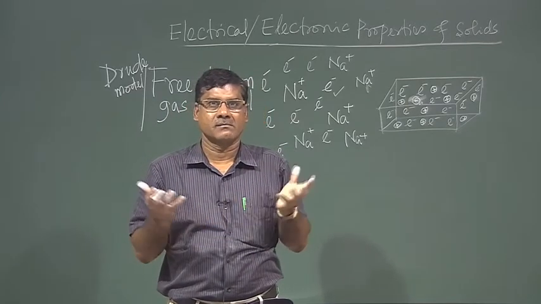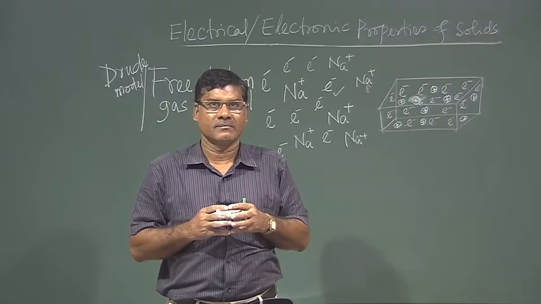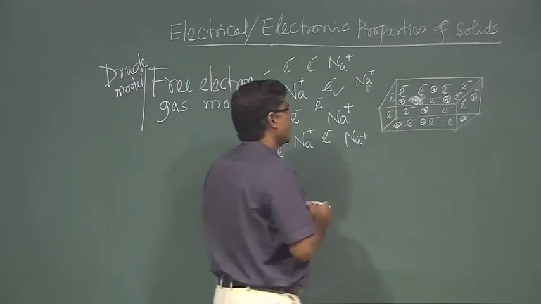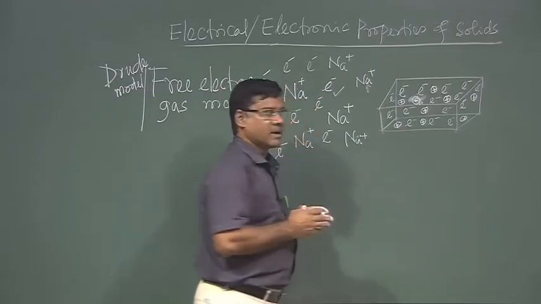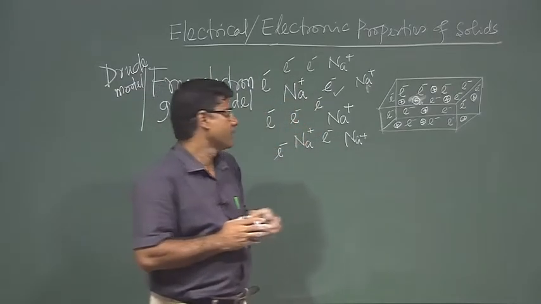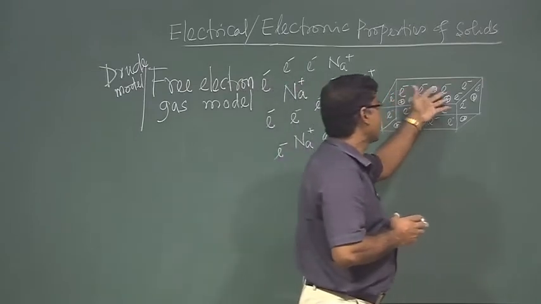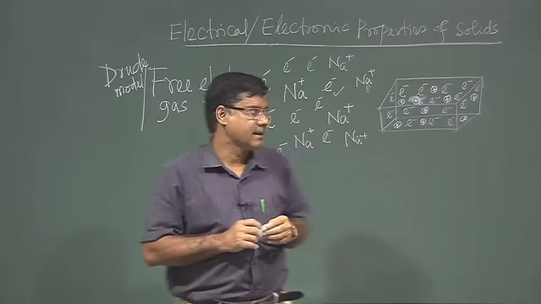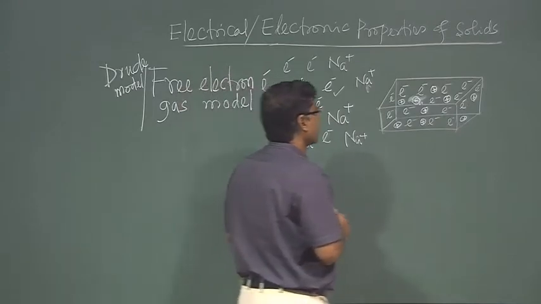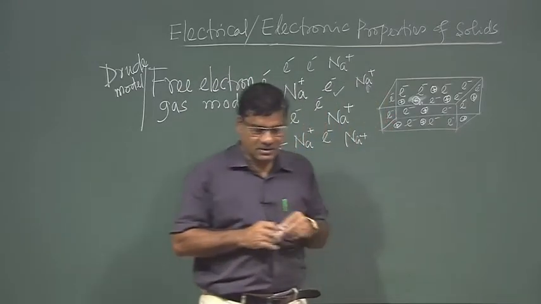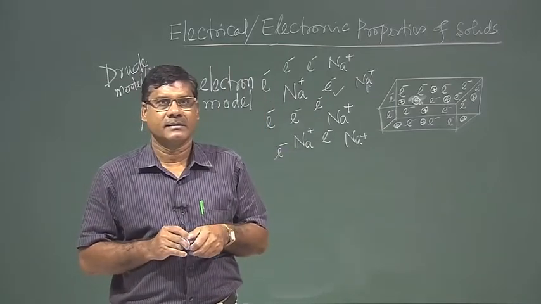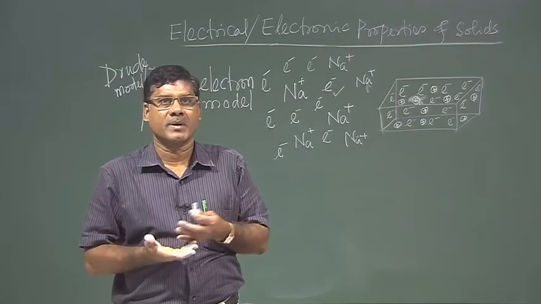So, in a piece of metal we now have free electrons. They can move anywhere, but the restriction is that this electron cannot go out from the metal, because we have not seen any electron emission at room temperature, right.